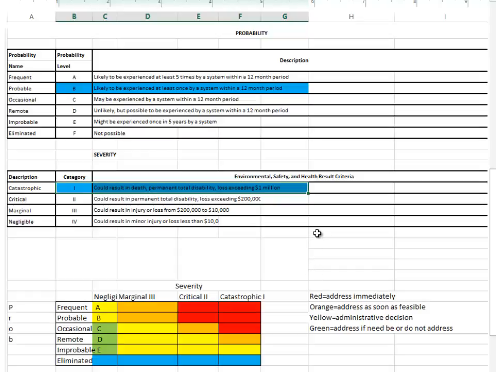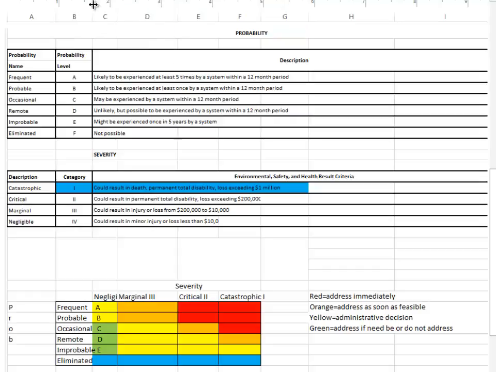Now, I just used blue to illustrate the point, but let's go down and find 1B on our matrix and see what color we're really in. Okay, B, 1 is catastrophic, isn't it? So here we are, 1B. Oops, we're in the catastrophic area. We're in the red, which means address this problem immediately, doesn't it? Okay, so we've got 1B.